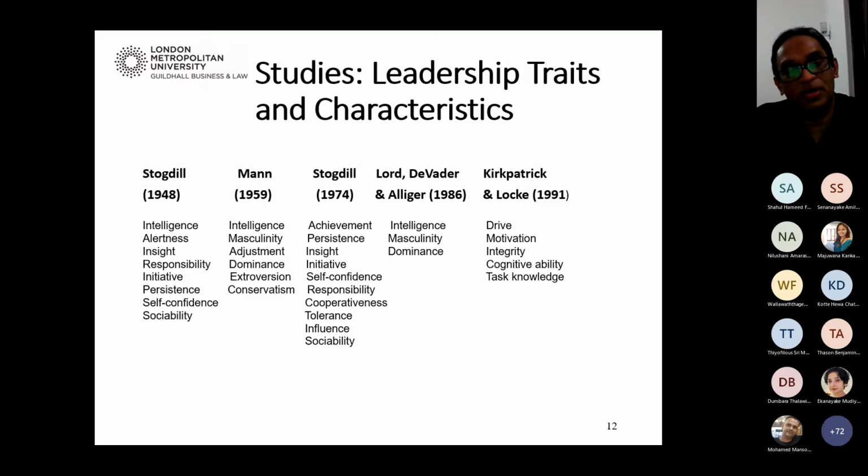Now, masculinity is about men again, right? So they believed that men can be leaders most of the time. Extraversion means, does anybody know what extraversion is?